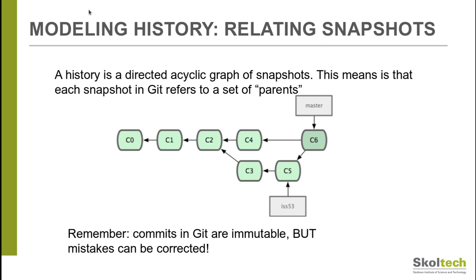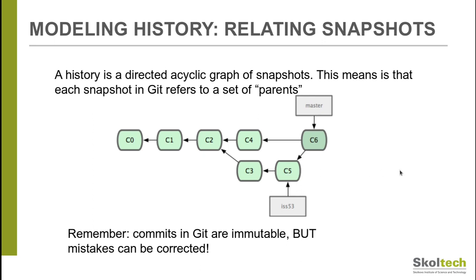This means that each snapshot in Git refers to a set of parents, the snapshots that preceded it. It has a set of parents rather than a single parent, because a snapshot might descend from multiple parents, for example, due to combining two parallel branches of development. In Git, combining two branches is named merging.